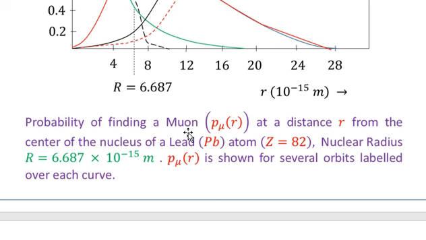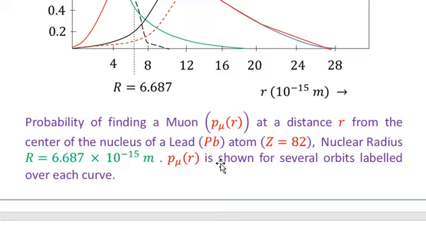That is, I am talking about muonic atoms. In muonic atoms, the muon circles around the nucleus, and this probability is represented by P mu as a function of r. So this will give you the probability of finding the muon around the nucleus at a distance r from the center of the nucleus of a Z atom.